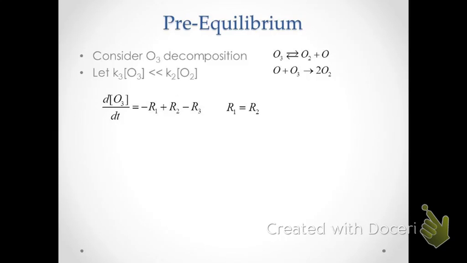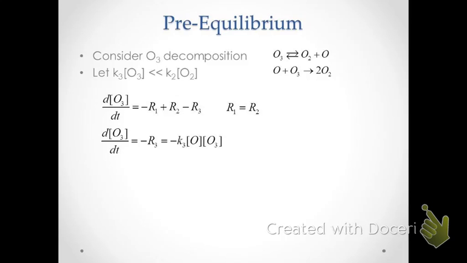So that's why we have that. Okay. Now, again, because we have equilibrium, the forward reaction rate R1 is equal to the reverse reaction rate R2. And if that's the case, then we'll note that in this expression for ozone change, those two terms will cancel, and we're very simply left with the rate of change of ozone is equal to negative the rate of step 3. Okay.